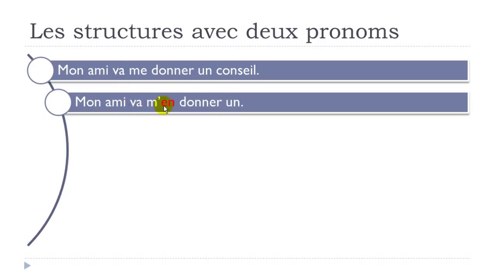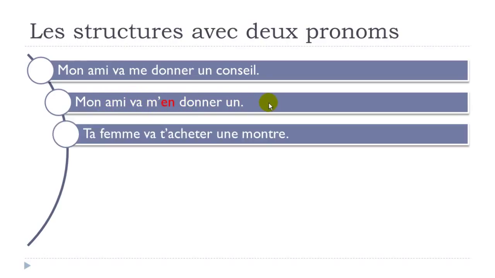And then you will put your pronouns. So, me here, of course, e is going away. Then you've got your pronoun en before the second verb. Okay, donner, to give, that's the second verb here. Infinitive form, as usual in French, when we've got two verbs. So, mon ami va m'en donner un.